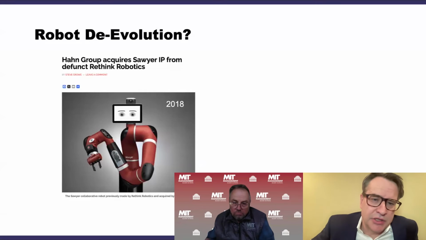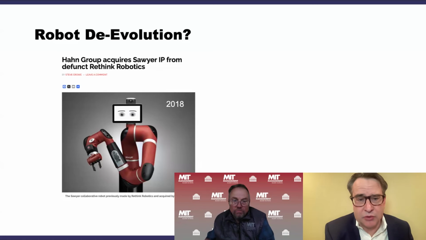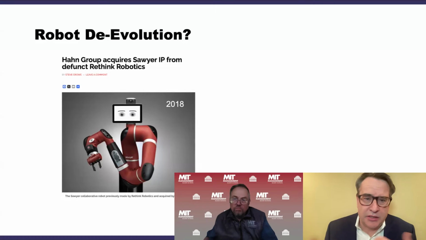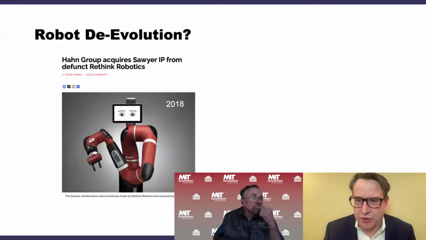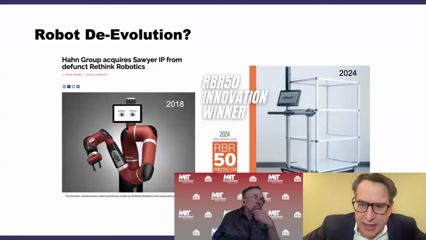And on the left, we even see Rodney Brooks's previous company, which built the Sawyer robot, which many of us have seen at trade shows and exhibits. In 2018, that company went defunct and was purchased by another company. But let's see what Rodney Brooks is working on right now.